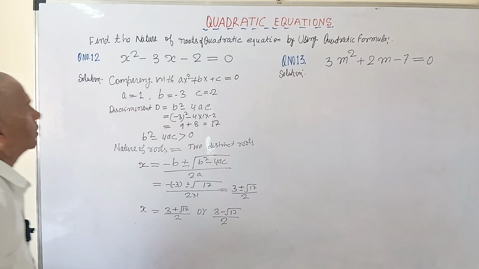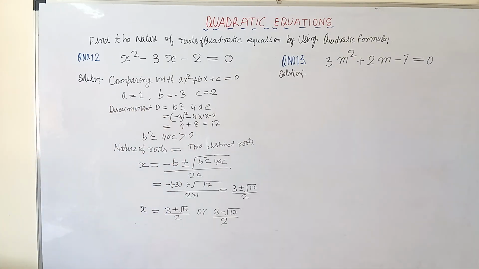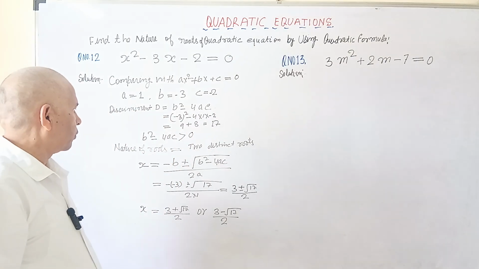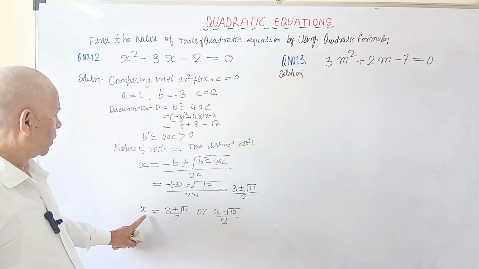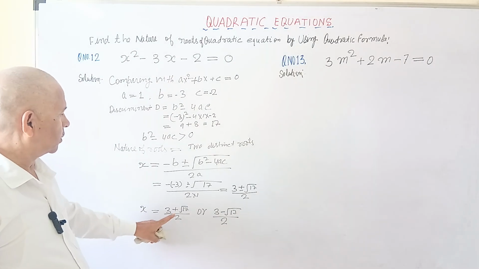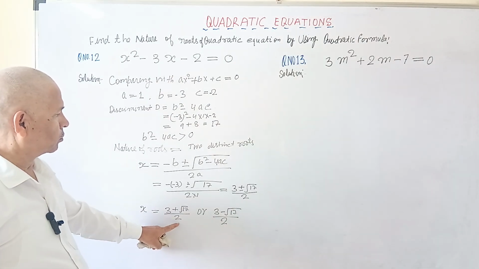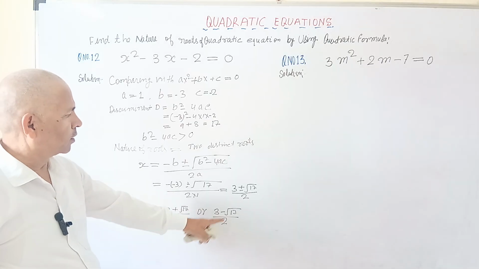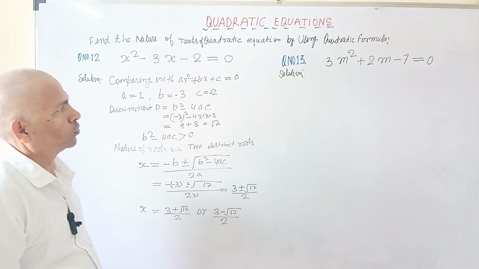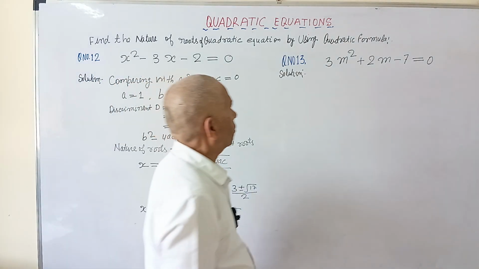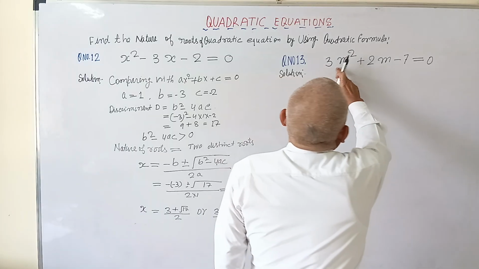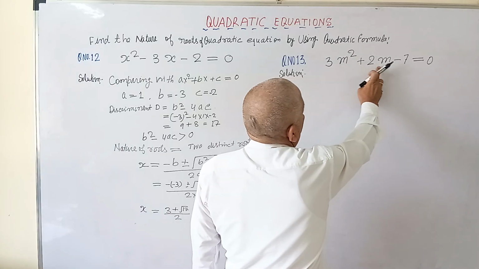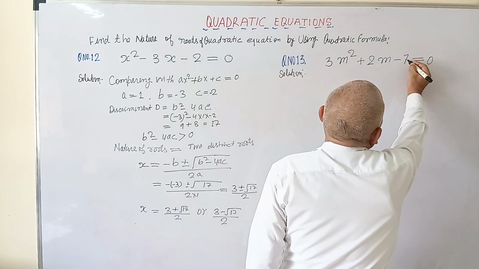So in this way this question is solved. We have got two values of x, that is 3 plus under root 17 by 2 or 3 minus under root 17 by 2. Similarly, I will solve the next question, that is 3m square plus 2m minus 7 equals 0.